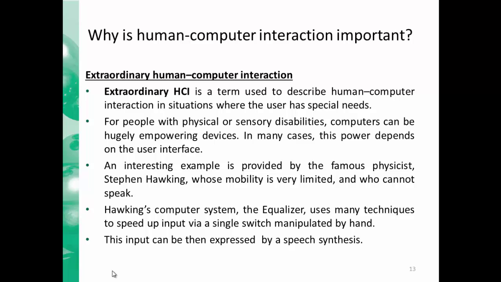And the flexibility with the human-computer interaction may help us to provide them with specialized user interfaces, considering their special need. A very famous example is the scientist Steve Hawking, who has special interfaces with the computers that consider his situation.